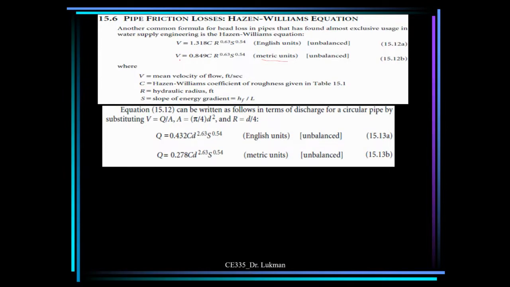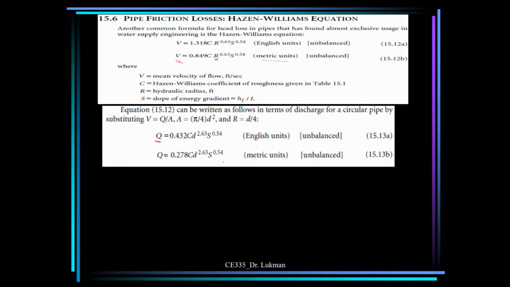And then this is the velocity, which we can convert using the discharge by saying V equals Q over A, and the area for pipe is pi D squared over 4, and R is D over 4. So when we substitute R equals D over 4 and V equals Q over A, and simplify, we get the equivalent flow rate equation of the Hazen-Williams formula for pipe flow.